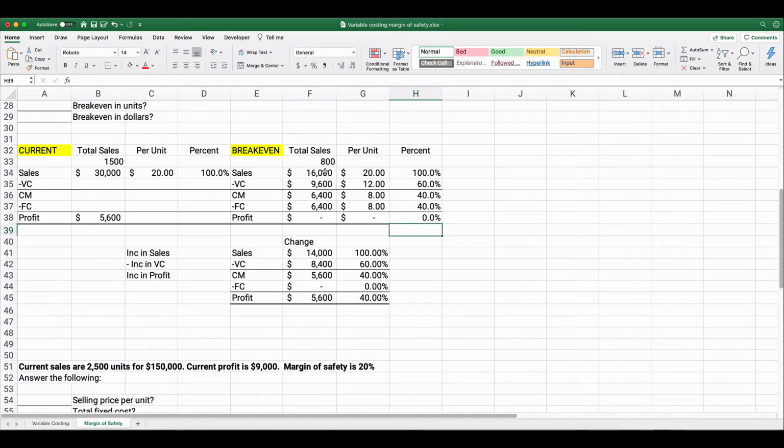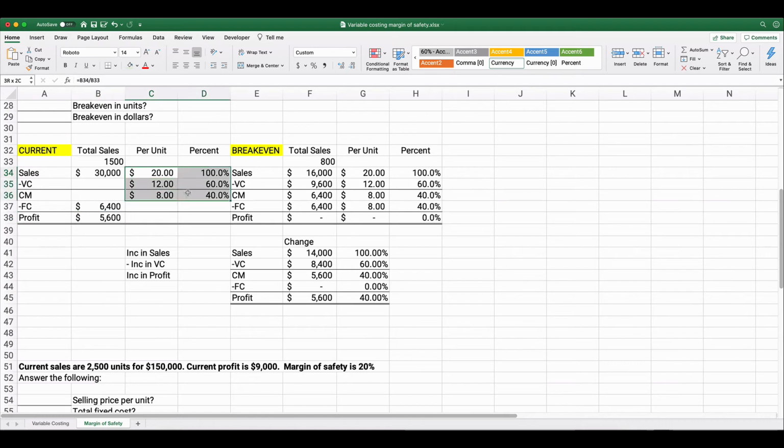We've got this whole thing completed here. And now we can just start dropping this in here. Now, what stays the same? Well, we know that this is 12 and we know this is 8 because this is 60% and this is 40%. And we know that our fixed cost is $6,400 because that's given.